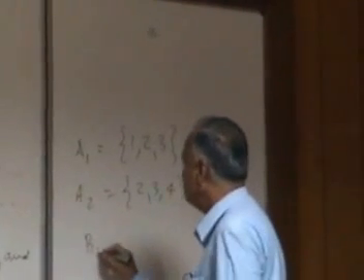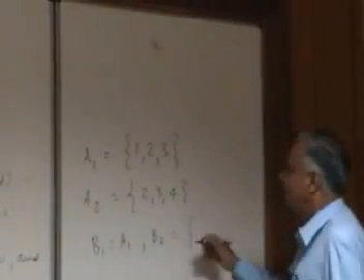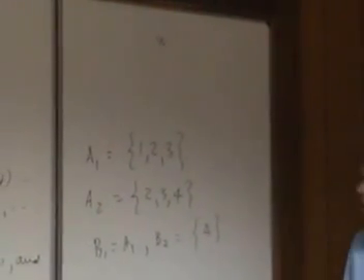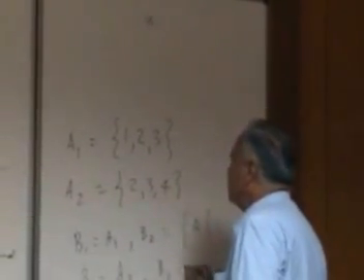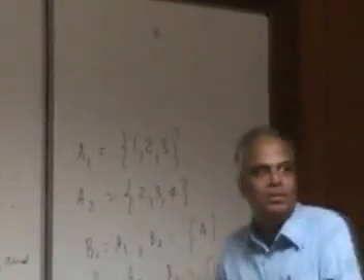I can take B1 to be A1 and B2 to be just 4. Or I can take B1 to be A2, and what can I take B2 to be? So this is just not unique.